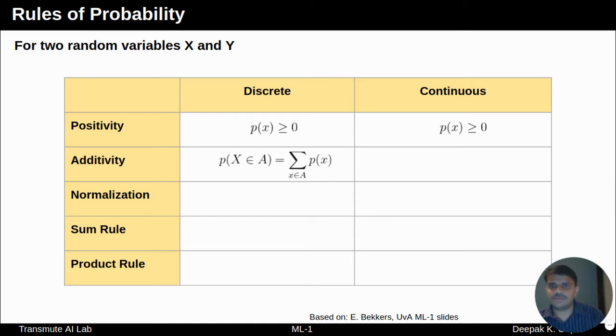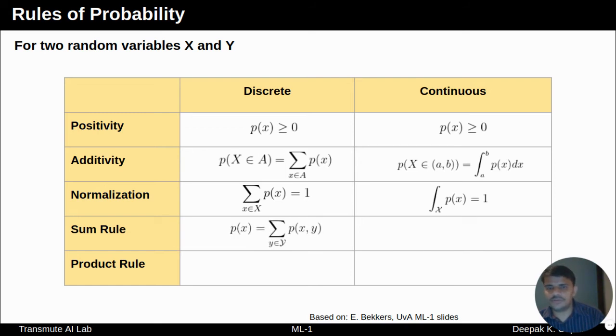That is additivity for discrete random variables. For continuous random variables, you just take the area under the curve between A and B. Normalization says that the summation of probabilities across all the outcomes will be 1, and that's the same with continuous random variables.